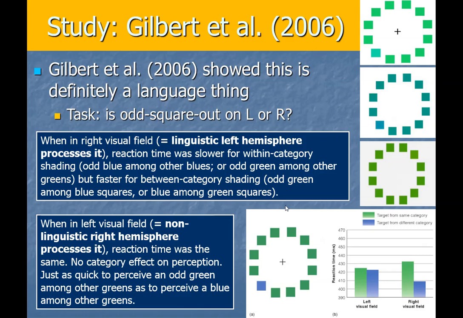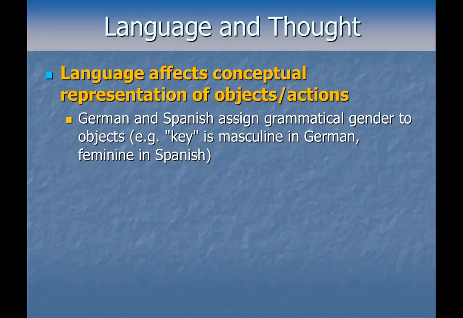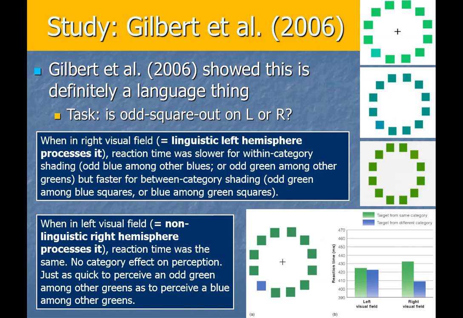The target, the category, the label, the linguistic part of it doesn't matter when it's going to the right hemisphere, but our perception does seem to be affected for visual stuff that's coming in and hitting the left hemisphere of our brain, the linguistic part of our brain. So that's a pretty important study that really cemented some of the research on how perception is affected by language.